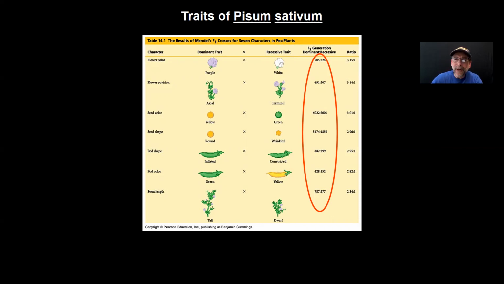If you then go farther down, you see that for the seed color and the seed shape, he has almost 8,000 data points. How's that possible? Because when he would cross a plant, the plant produces a pod of seeds. There's 4, 6, 8 seeds per pod. So his seed data set was always larger than when he was looking at the flower color or the flower position.